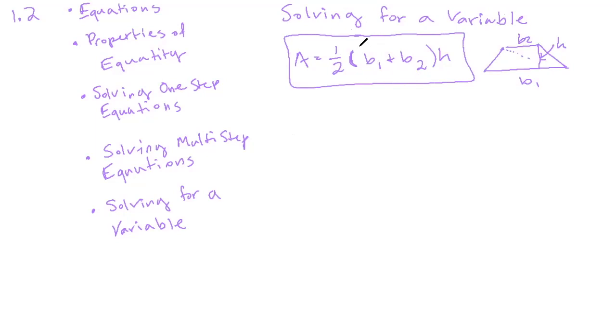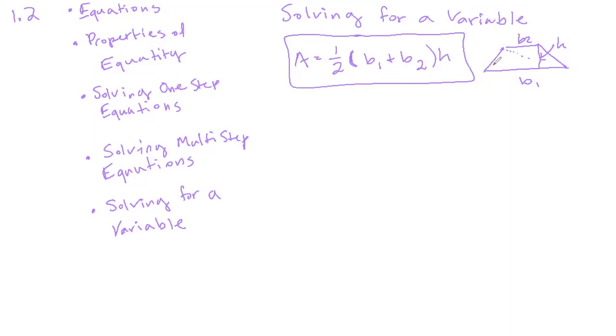Now, let's say I gave you a word problem. Let's say you have a field. I don't know why you would have a trapezoidal field, but you have a trapezoidal field.